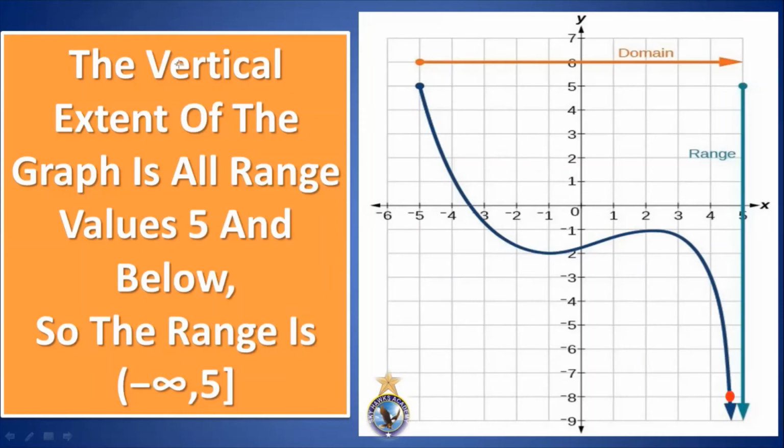If it is an open end, if it is stopping over here with the open end, just like this, an unfilled point, then our domain is -7, open end, and +5.